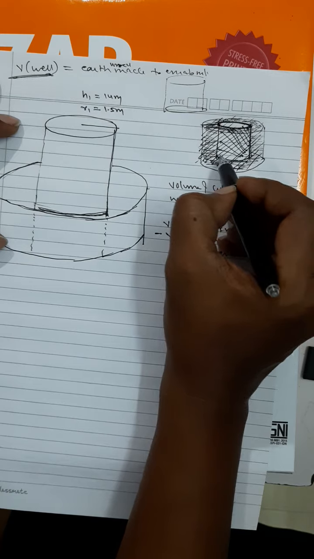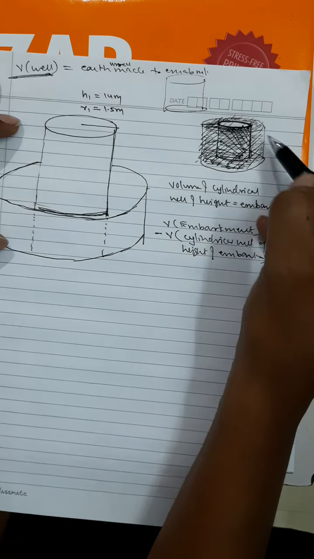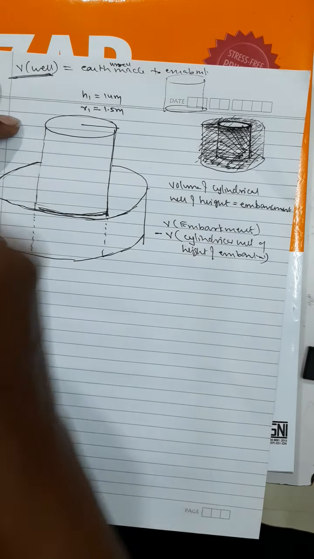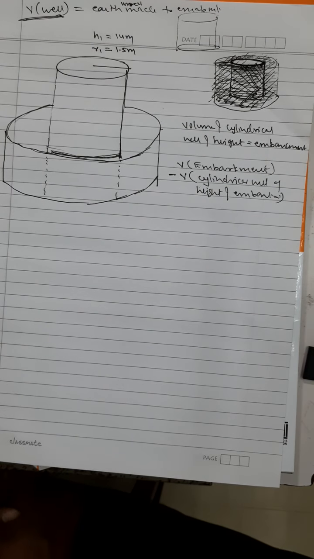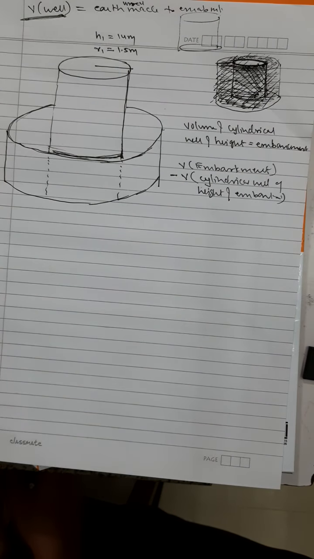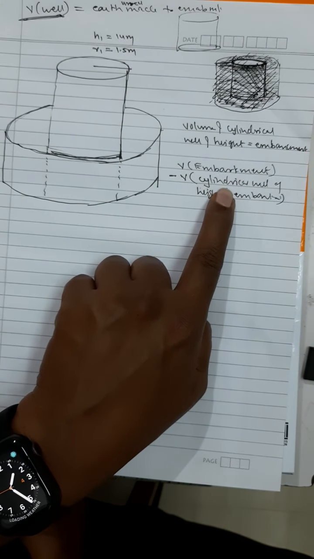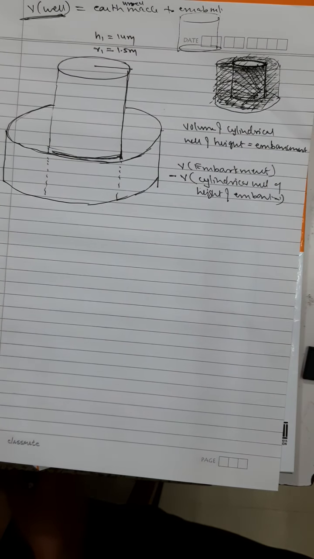When I subtract this, then what remains is only this mud. And this mud is nothing but equal to the volume of the well. Try to understand, the volume of mud which I have got is actually equal to the volume of the well. This is how I have to understand this question.